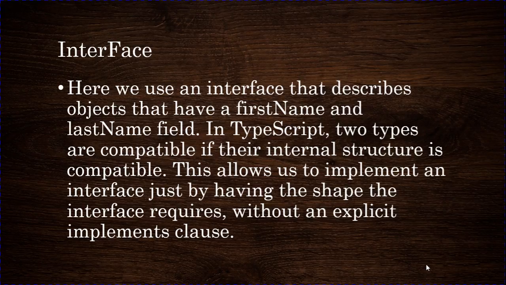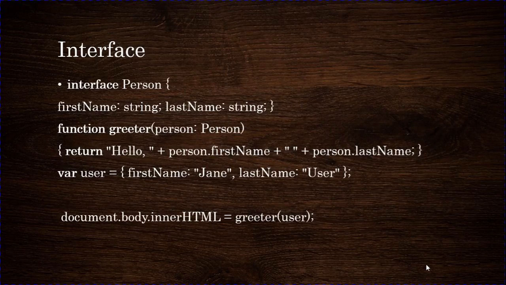An interface describes an object that has a first name and last name, and interfaces are provided like classes. This is the interface code. A person has a first name as a string, a last name as a string, and also a greeter function for the person.